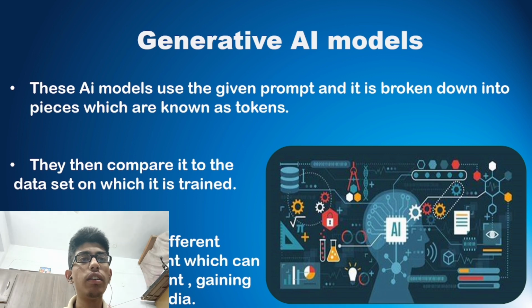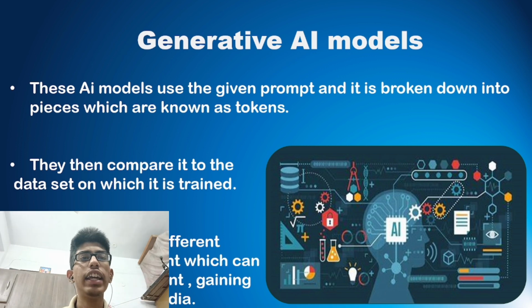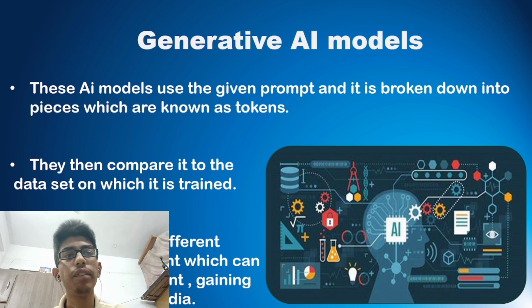These tokens are compared with the trained dataset on which the model is trained, and according to that the response is generated by the model. We can produce a variety of visual content, useful for advertisement, marketing, generating content for social media and gaining followers on social media.